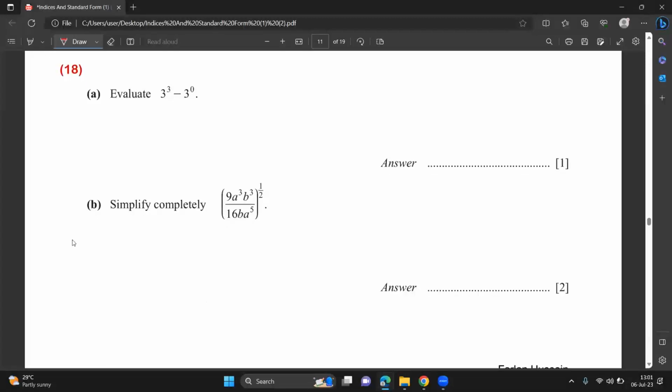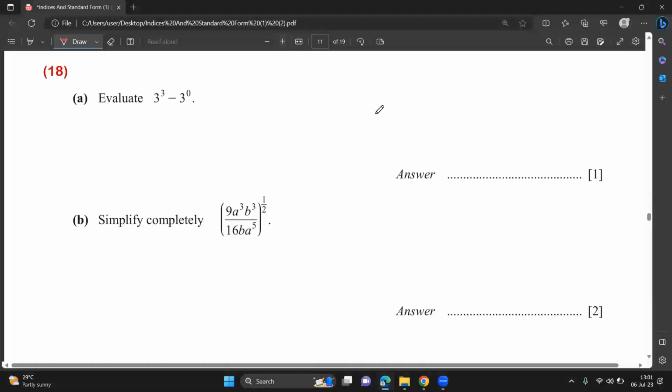Eighteenth one, A and B. Yes, A and B. Okay, what is 3 to the power 3?